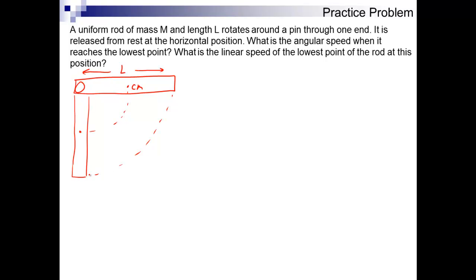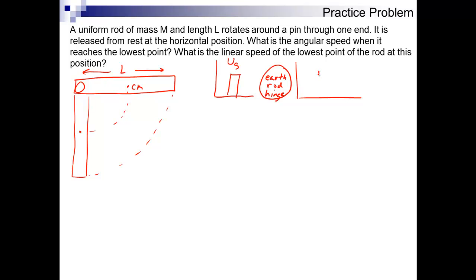What we essentially want to do is use our energy model, and at first we've got all gravitational potential energy, and everything is staying within our system. We've got the Earth, and we've got this rod. It's going about this hinge, so we can just include everything. Nothing's going into the system, nothing's coming out of the system.